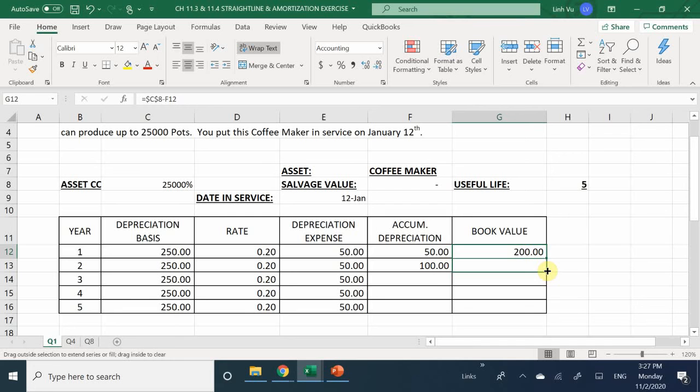Making my book value 250 minus the 100, which is 150. Good. So what's my accumulated depreciation for the third year? $150, making my book value $100. And then what's my accumulated depreciation for the fourth year?